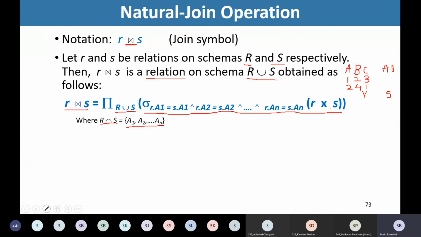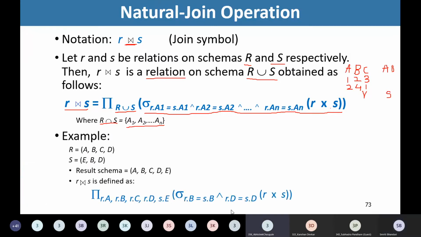What are the attributes of Cartesian product? M plus N. M plus N. Yes, right.